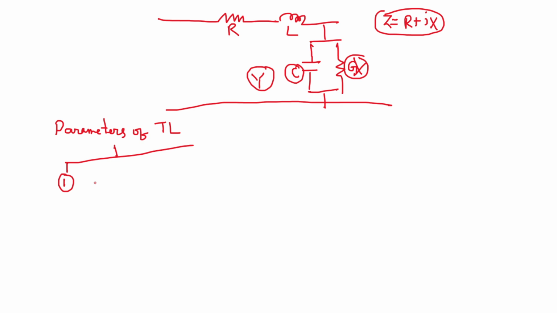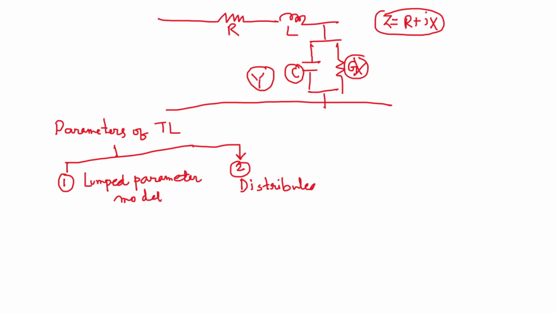Group number one is called the lumped parameter model, and group number two is the distributed parameter model. What is the difference?